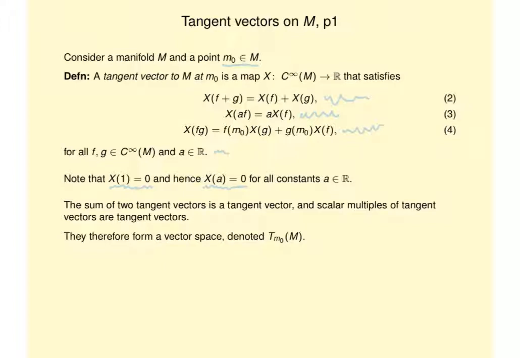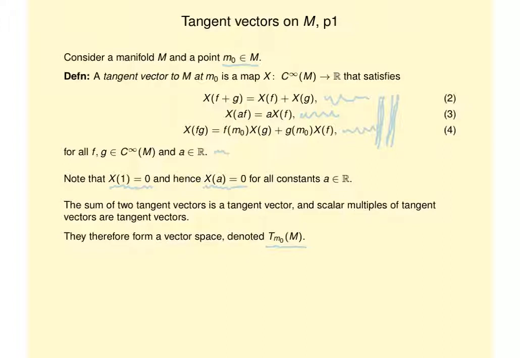So if I've got two such, capital X and a capital Y, then their sum clearly satisfies the same three equations. And if I multiply one of them by a real number, then again it satisfies the same three equations. So these tangent vectors form a vector space, and that's the tangent space at m0, and a fairly standard notation is capital T sub m0.